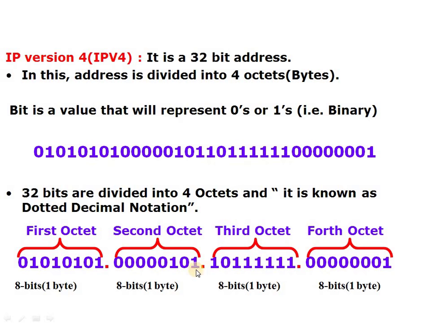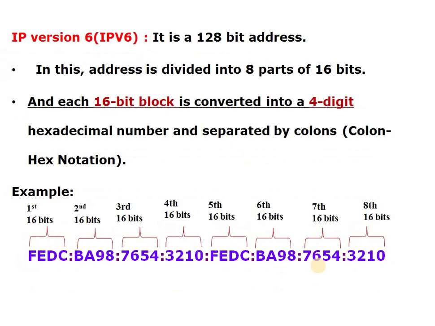One octet is a combination or collection of 8 bits. The next 8 bits are the second octet, then the third octet, and then the fourth. Like that pattern, the whole 32-bit IP address is divided into 4 octets, where 1 octet is a collection of 8 bits. That is the scenario of IP version 6. In the present scenario we are using IP version 4.